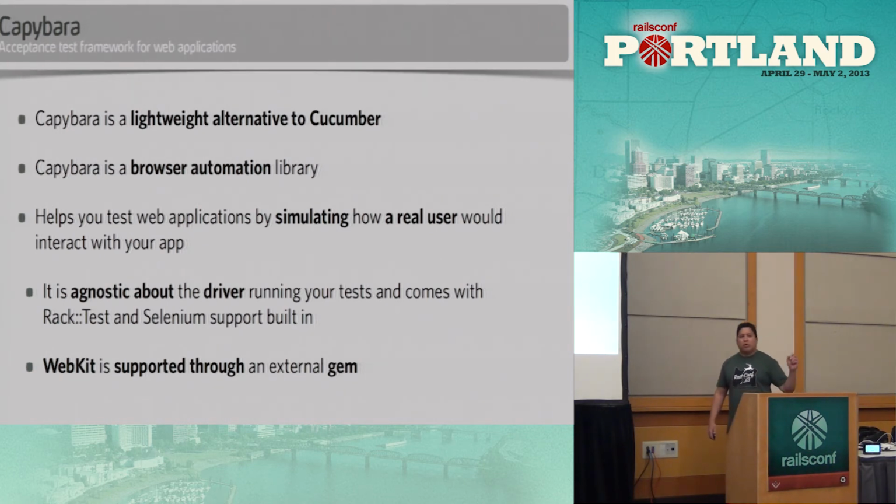So by default, Capybara is agnostic about how it controls the browser, and it uses rack test to control the browser. Rack test gets into that HTTP layer in between the browser and your application and mimics requests to your application. So it's sort of a headless browser. So you don't really see anything happening. That is really good because it's fast.